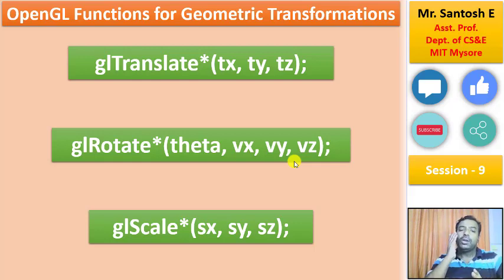You should have observed that rotation was discussed only with the theta value, the amount of rotation to apply. But now just look at this. Along with the theta, I am passing 3 more parameters. Now this is where it comes into a 3D geometric transformation function.